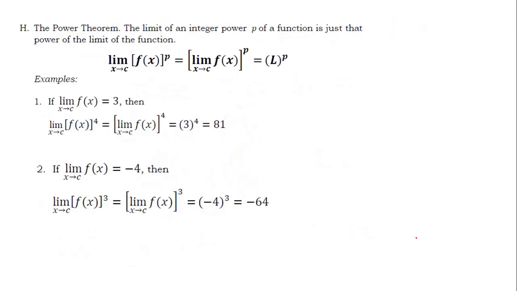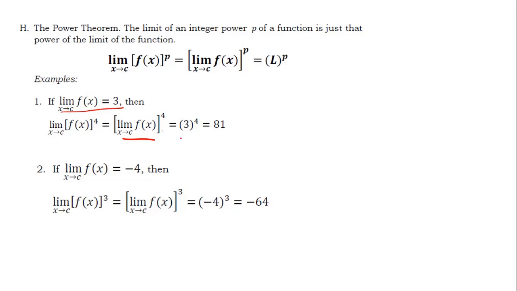Okay, the power theorem. With the power theorem, whatever the limit of the function is, raised to that power, just go with the power operations. For example, the limit of f of x is equal to 3 as x approaches c, and the power is 4.